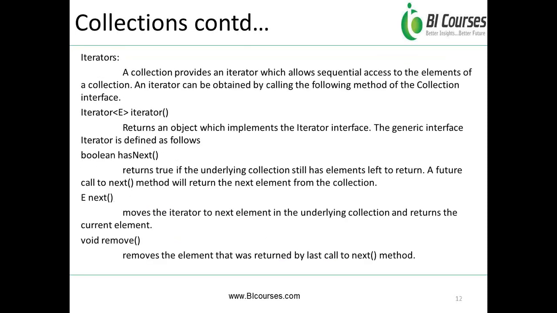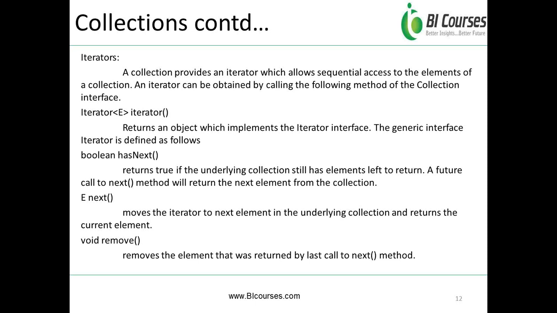Iterators. If you want to iterate the elements within a collection object, we can use the iterator interface. A collection provides an iterator which allows sequential access to the elements of a collection. An iterator can be obtained by calling the following method of the collection interface: Iterator<E> iterator() returns an object which implements the iterator interface.